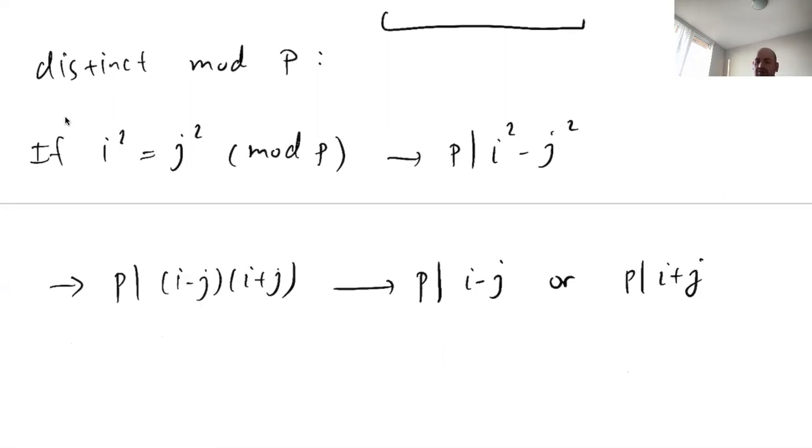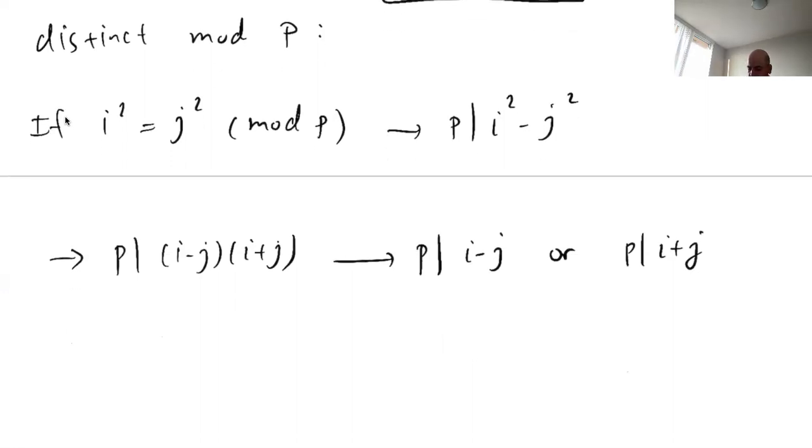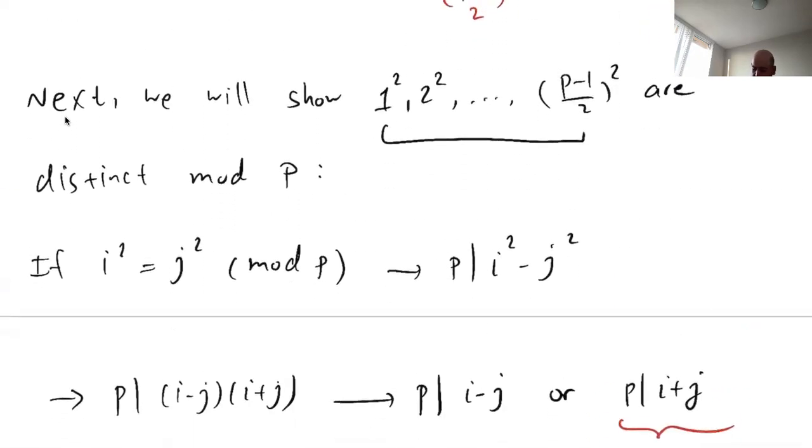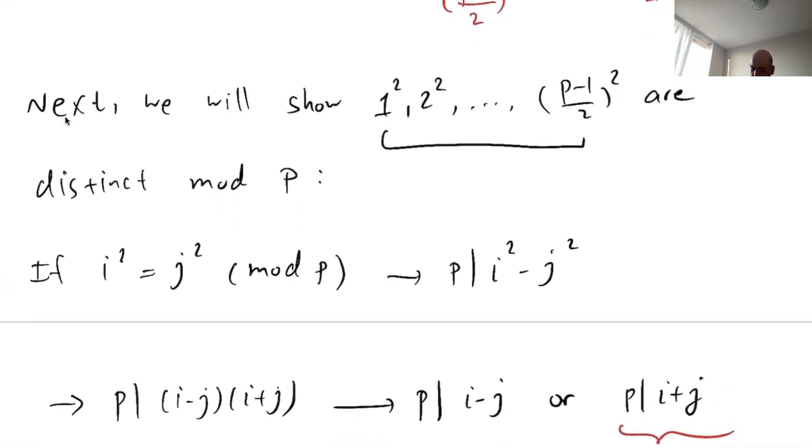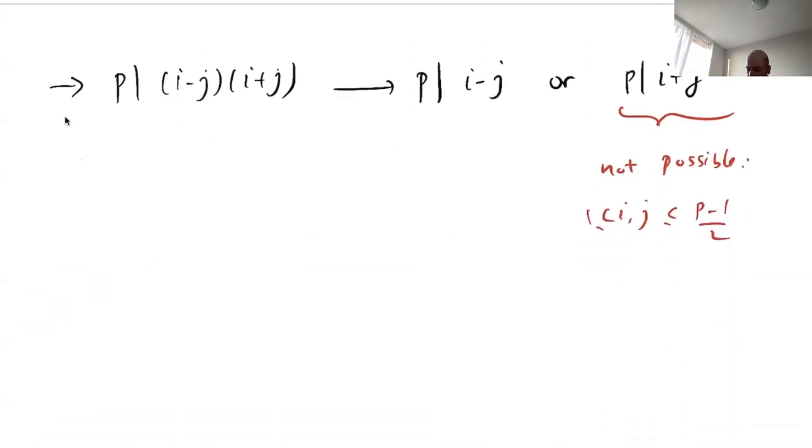Remember, we had a fact that we saw before, that if a prime number p divides ab, then p divides a or p divides b. Now, this one is not possible because i and j are both between 1 and (p-1)/2. So i plus j will be less than or equal to p minus 1, and bigger than or equal to 2.